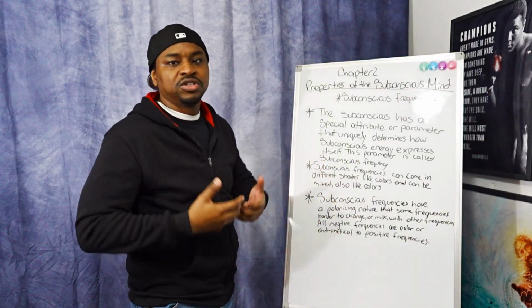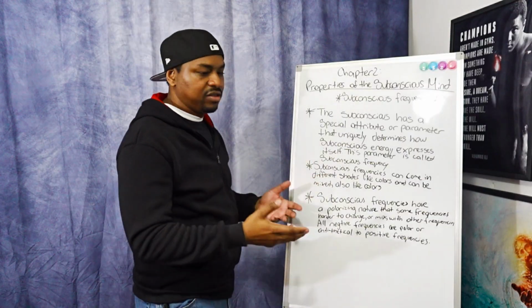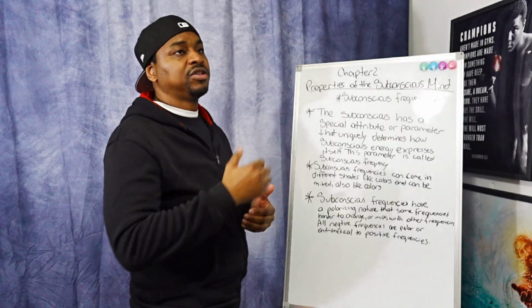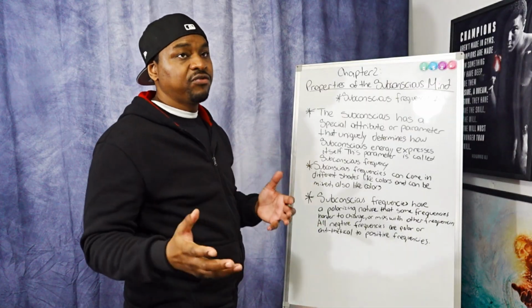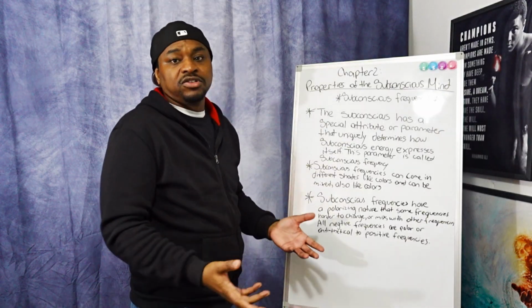It feels like joy, so we'll just call it the joy frequency. That's how I'm going to do it for the rest of the curriculum and the book. If you want to feel joy, the parameter has to switch to a unique frequency such that when the subconscious charges emotion, it feels like joy.